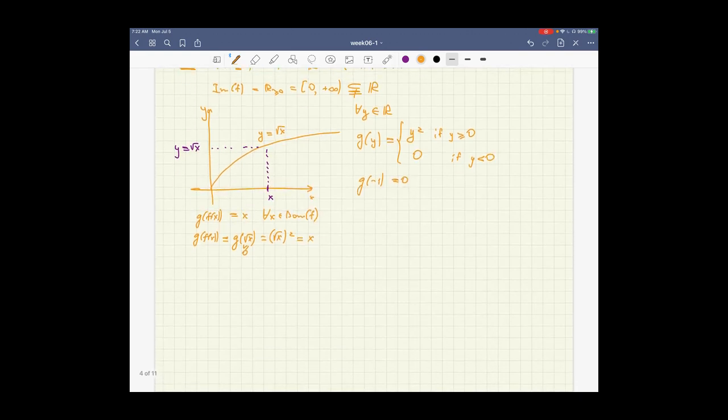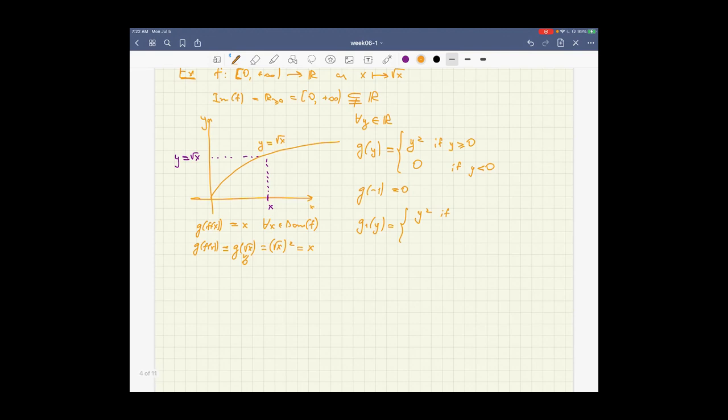Or I could have another function, g1 at y, which is also y squared if y is non-negative. And here, instead of 0, let's say 1, if y is less than 0. Clearly, functions g and g1 are not equal.